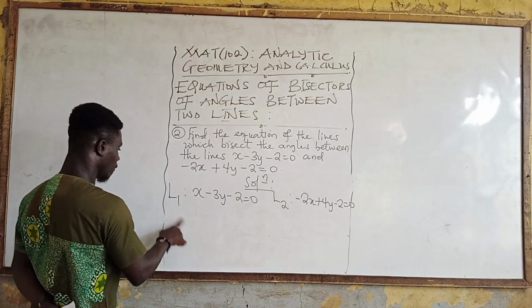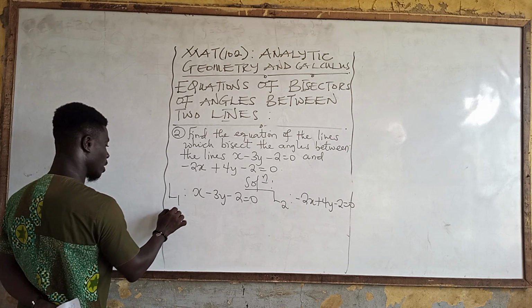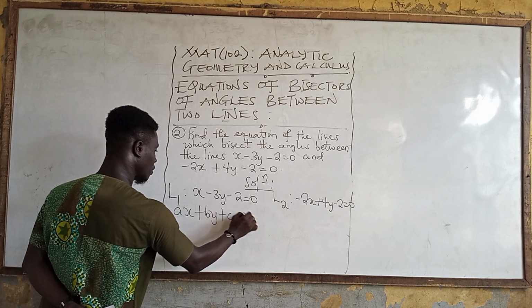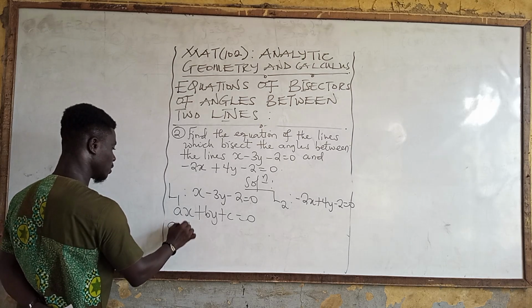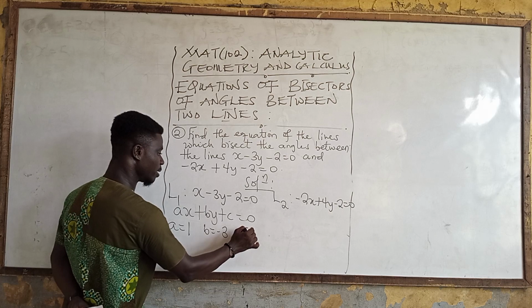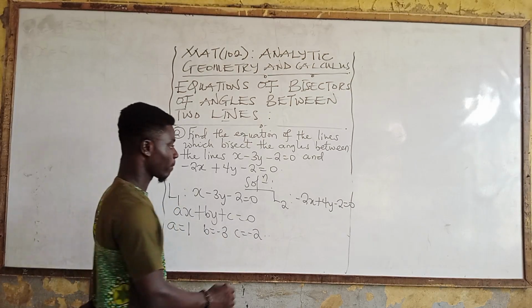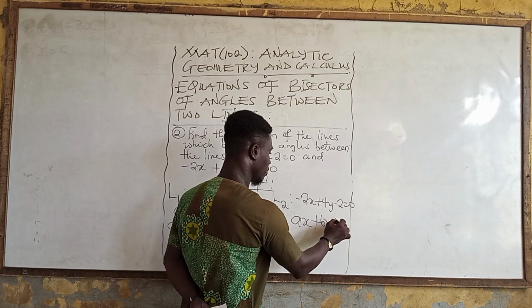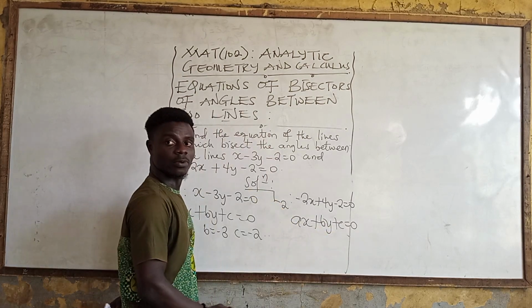So now we can compare with our ax plus by plus c equals 0. Our a is 1, b is negative 3, c is negative 2. If we come here, ax plus by plus c equals 0, right?